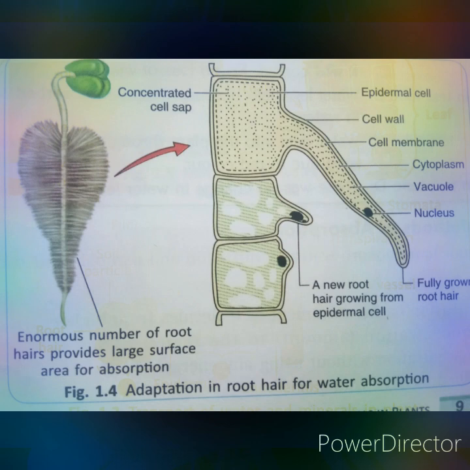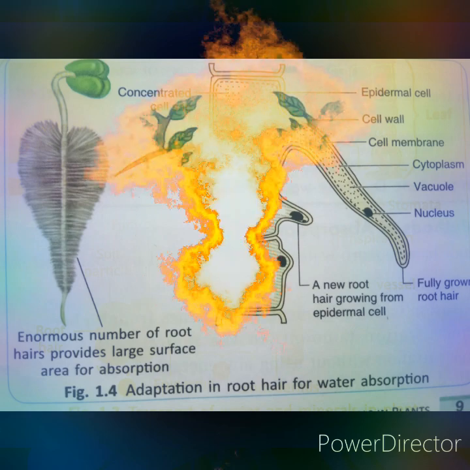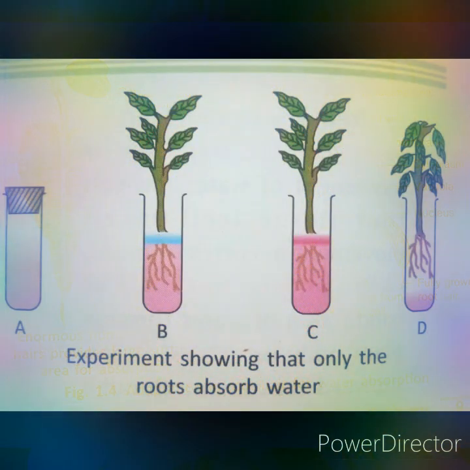As you can see, in the figure for activity number 1, four test tubes are taken: test tube A, B, C and D. In the first test tube A, we have to take only the colored water. In test tube B, we have to mark the level with a blue line and insert the twig inside the test tube along with the roots and put a drop of mustard oil in that.